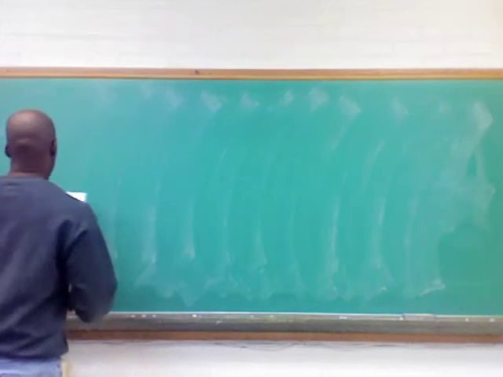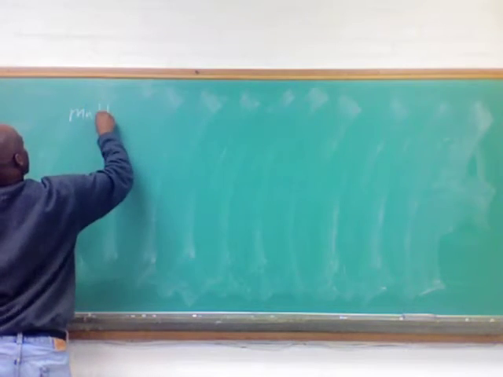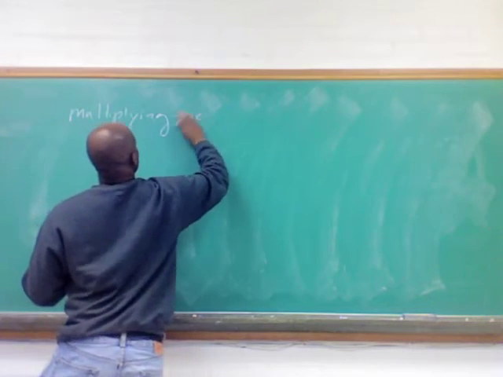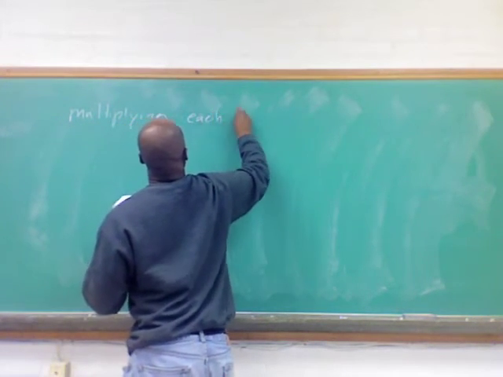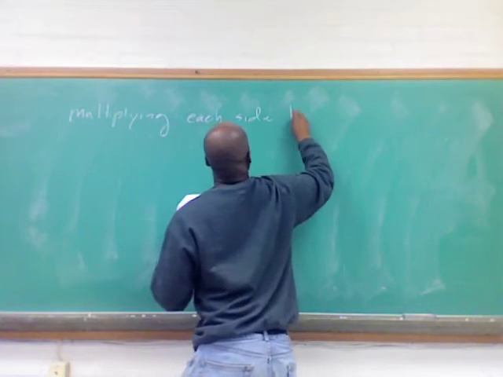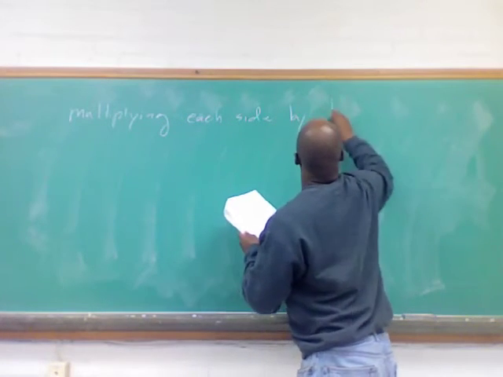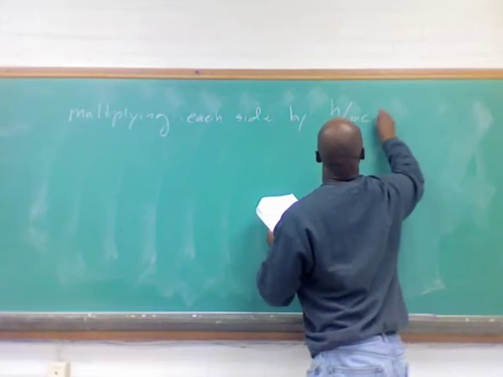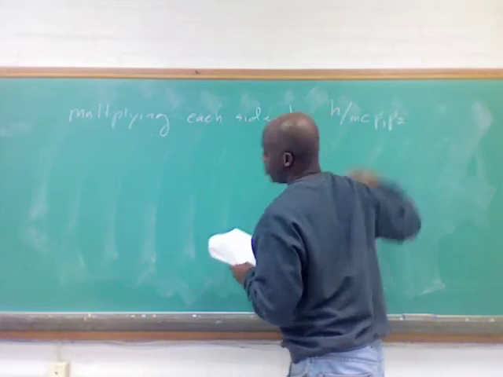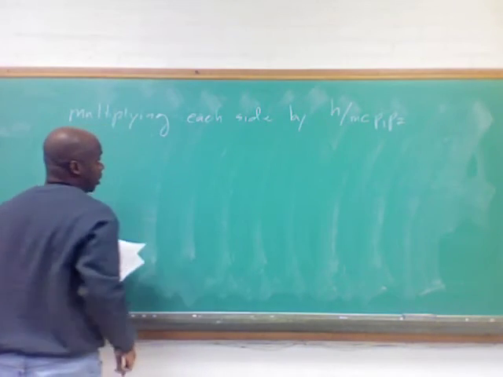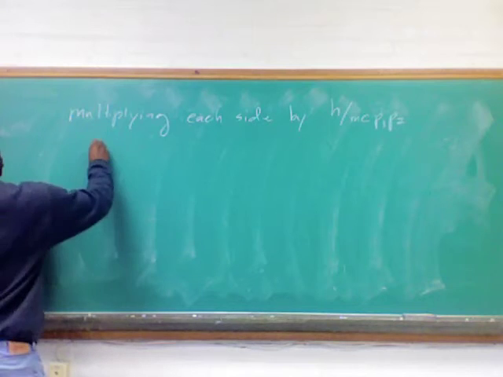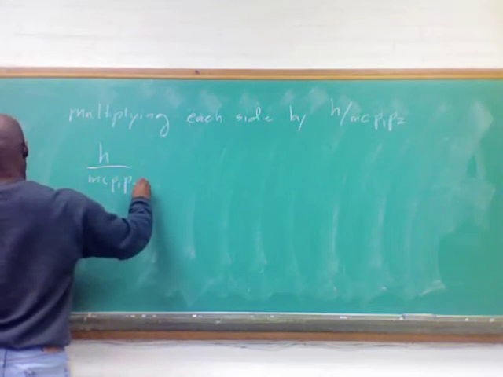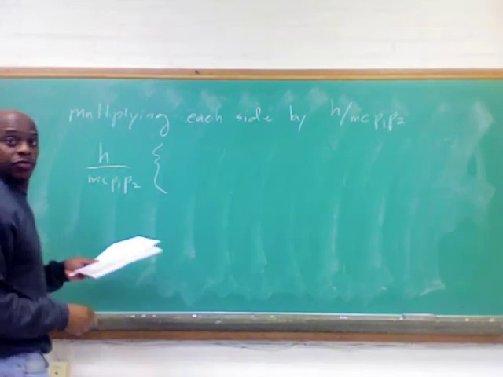Multiplying each side by a common term. Alright, so MC P1 P2 is in the denominator. We get this: h over MC P1 P2 times each side of our previous equation.